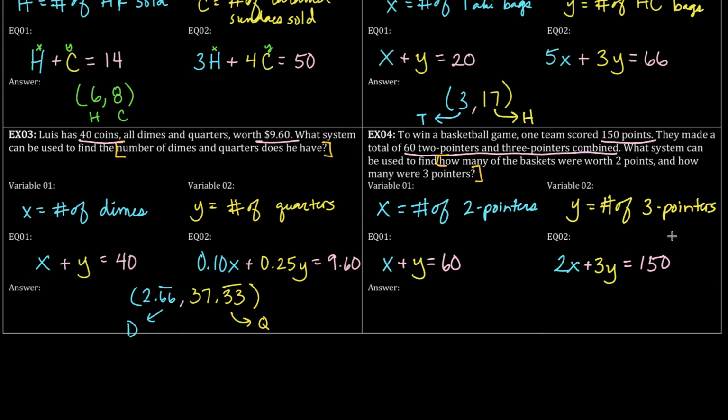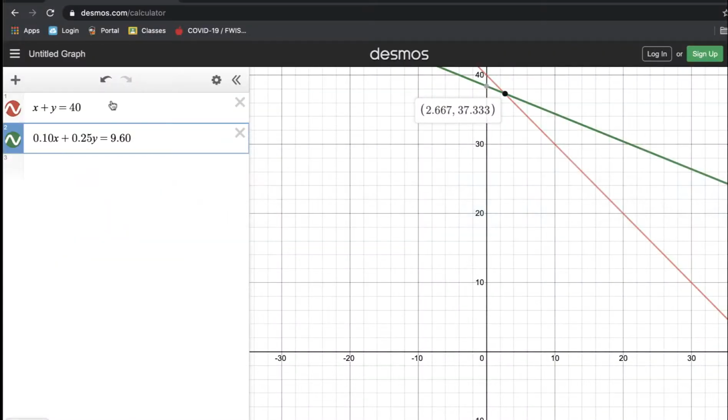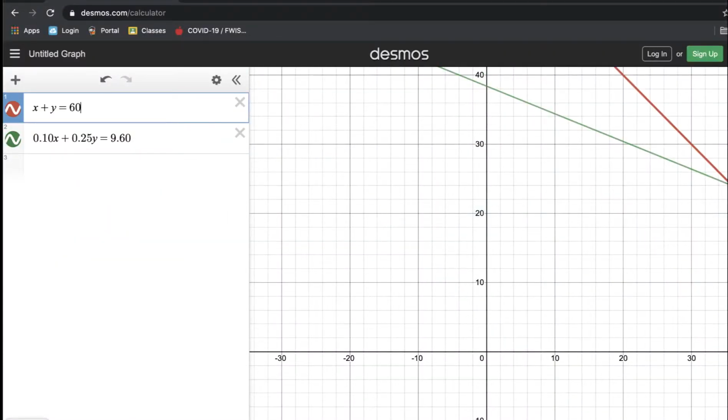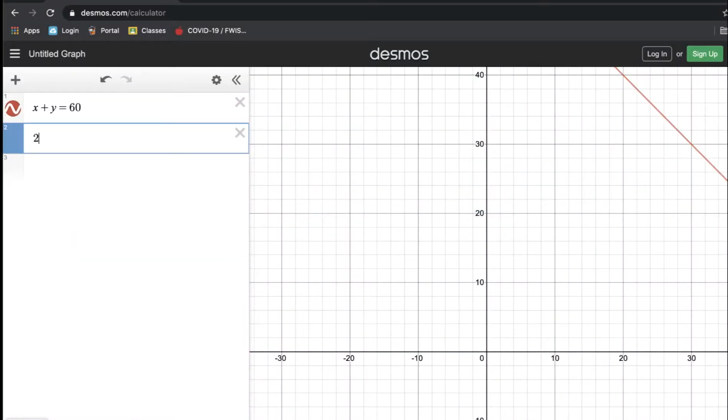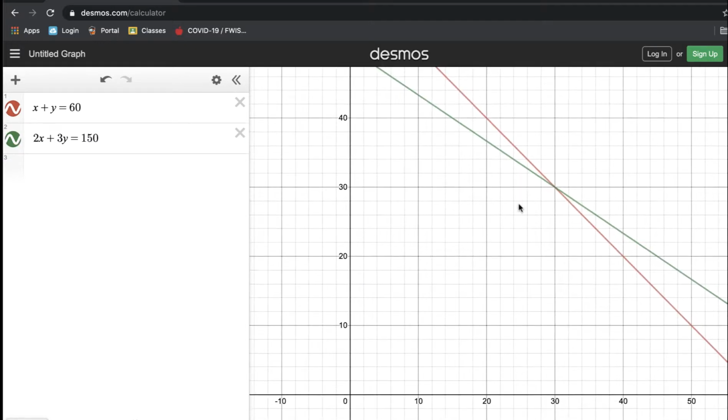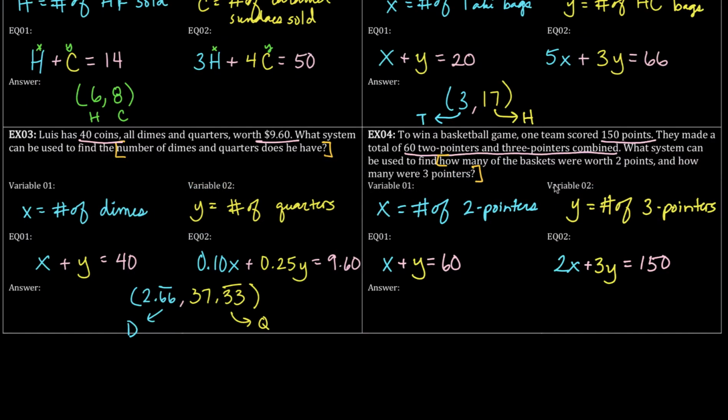So X plus Y equals 60. And then 2x plus 3y equals 150. Well, there it is. 30 and 30. Interesting.